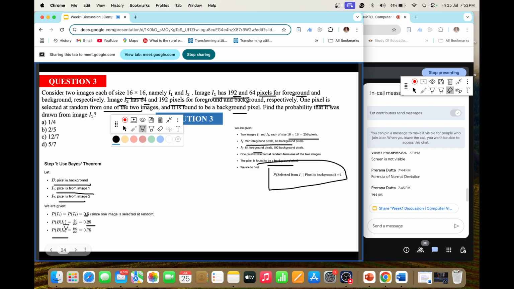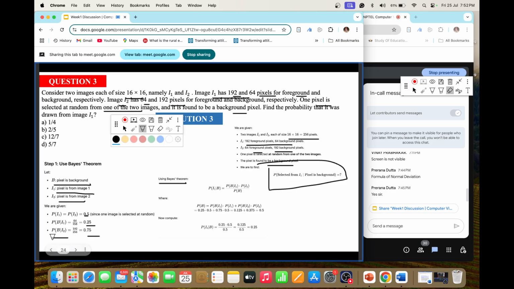P(B given I2): there are 192 background pixels in I2, so 192 by 256, that is 0.75. So you have to apply Bayes theorem, because you have to find I1 given the background.